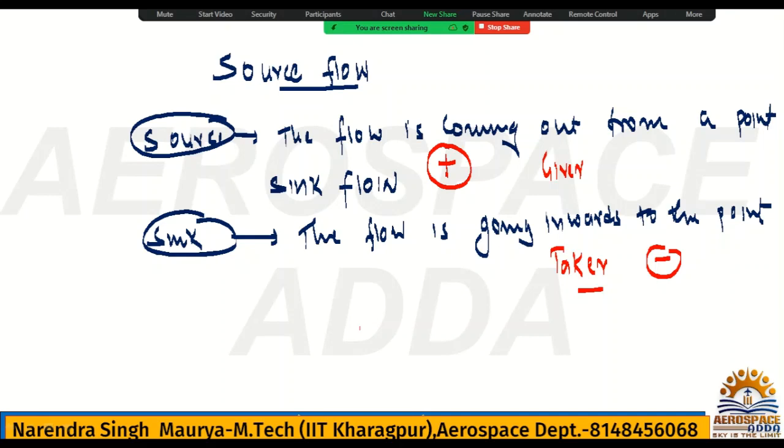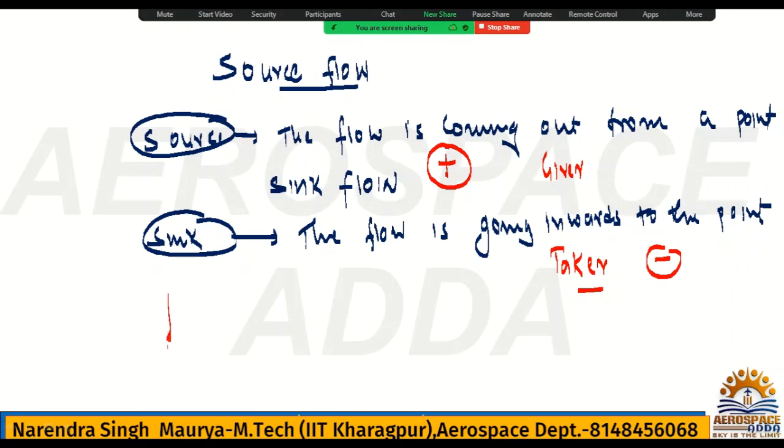It is denoted by Q. Q is what? Discharge basically, or you can say volume flow rate. If you are writing small q, it will be volume flow rate per unit depth. That I will tell you, but first you try to understand source.